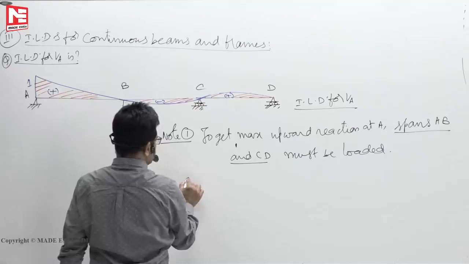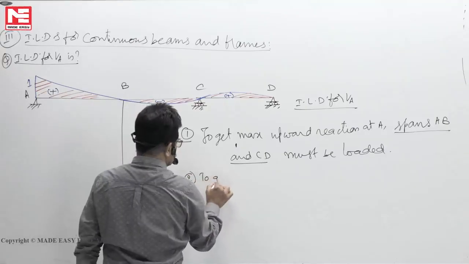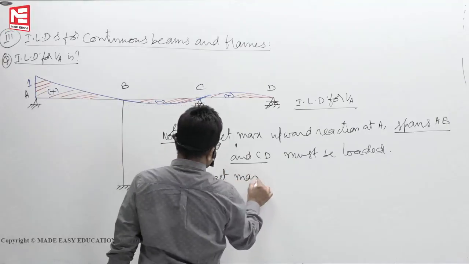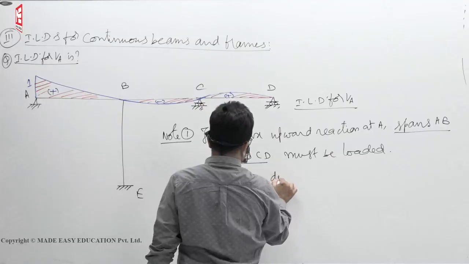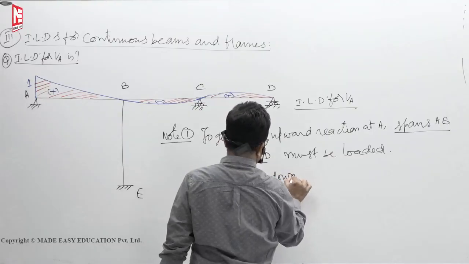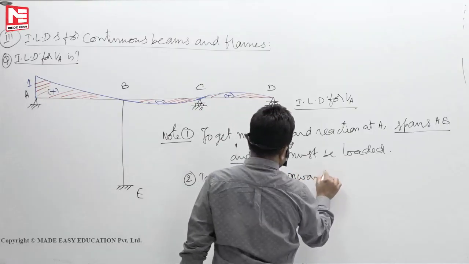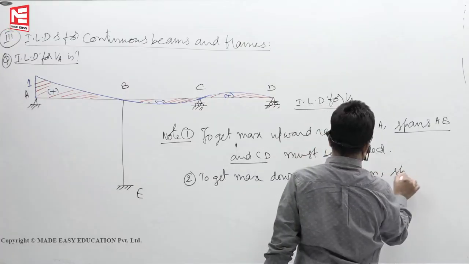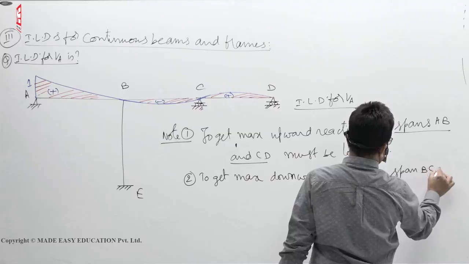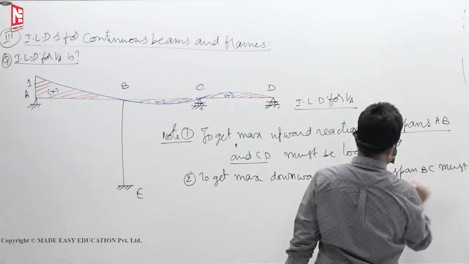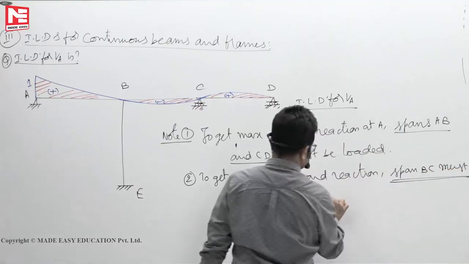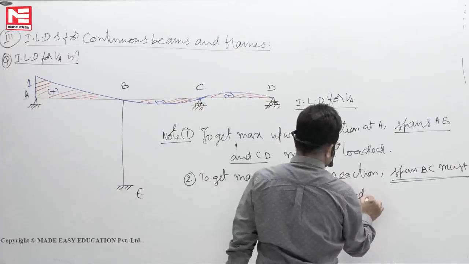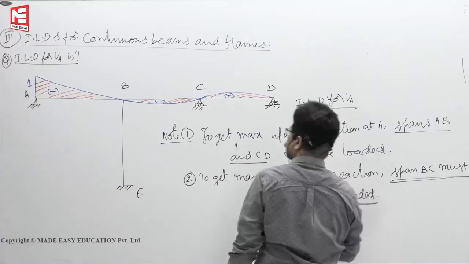That is one of the options. To get maximum downward reaction, span BC must be loaded. Like that.